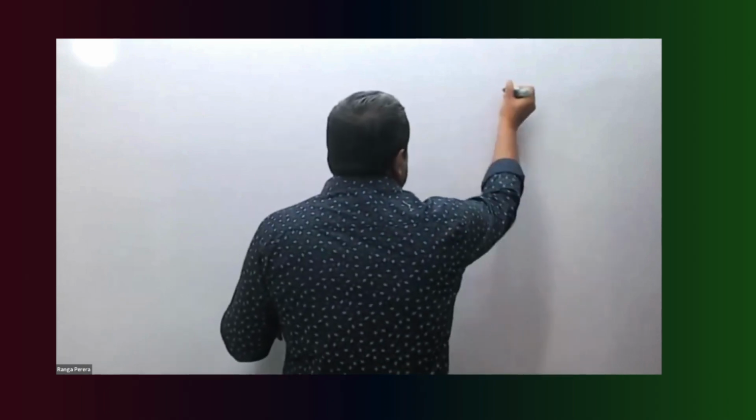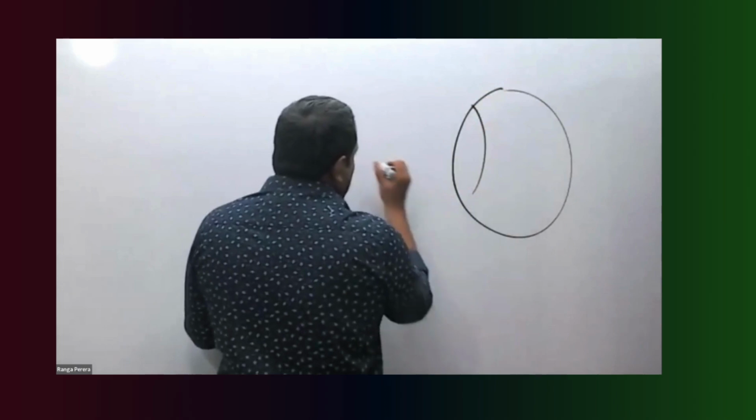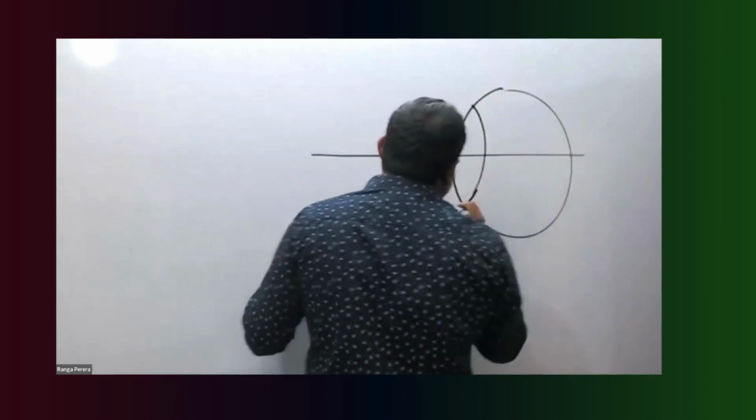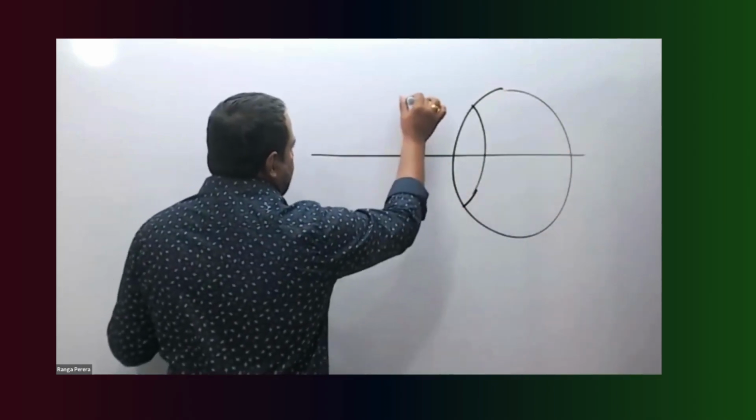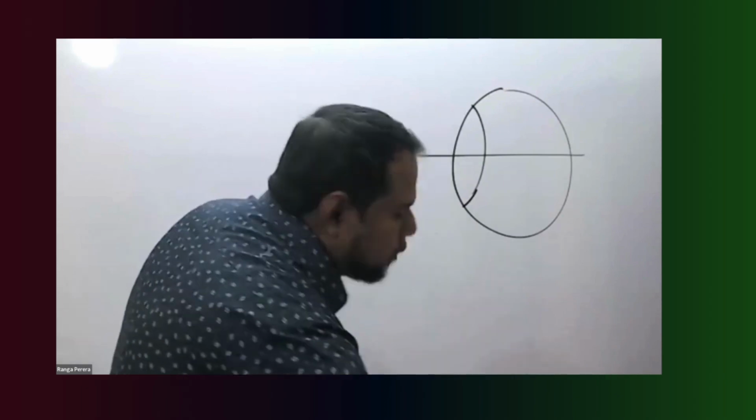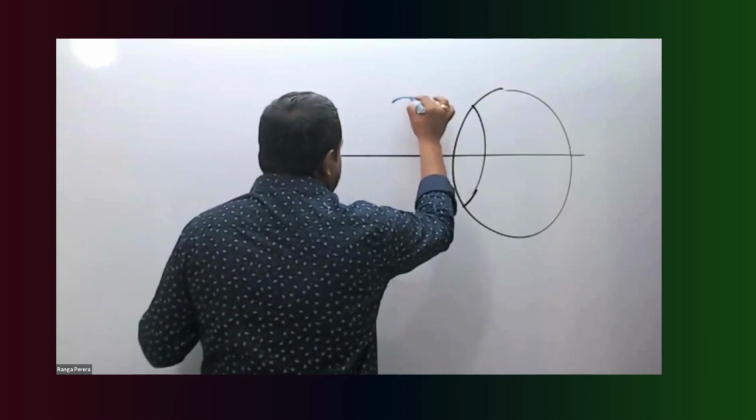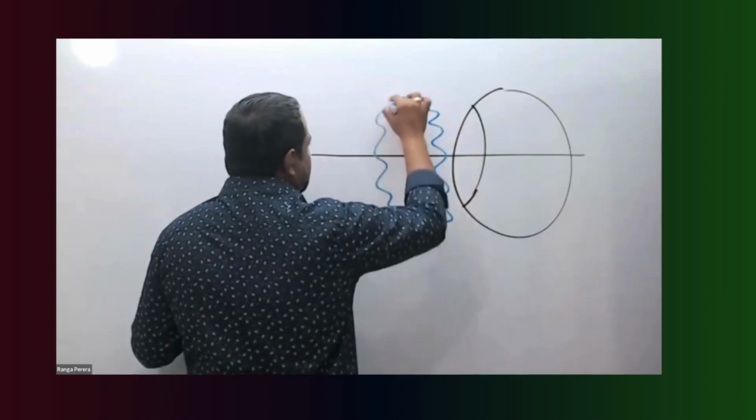I will explain. If you take your microscope, this is your eye lens. You keep the microscope in front of this lens. Let's say this is your microscope.